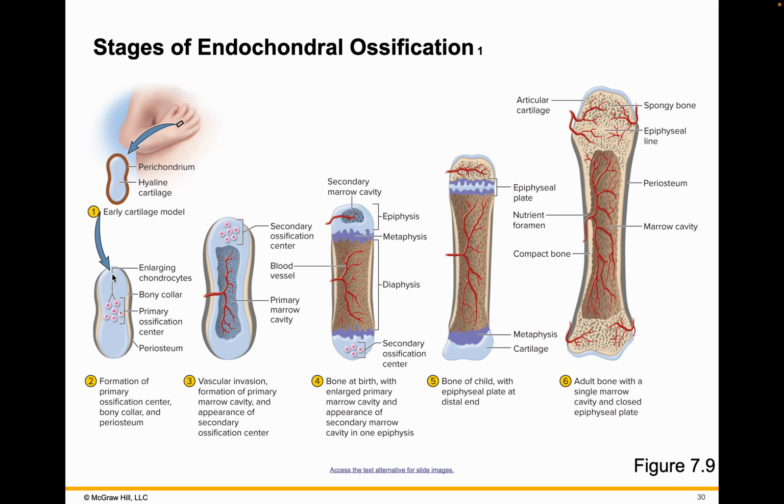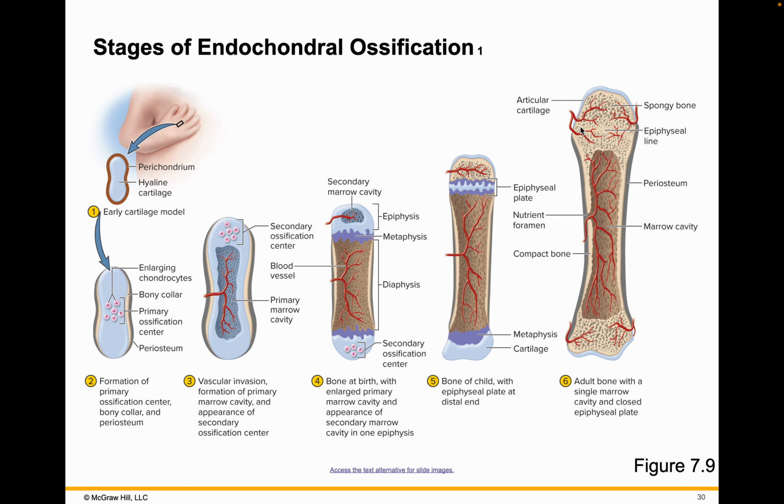So we start with a bone made of cartilage, which provides the basic shape. Then bone cells, ossification begins to form the bone itself. And while we are still growing, we have the epiphyseal plate, which allows for increase in length.